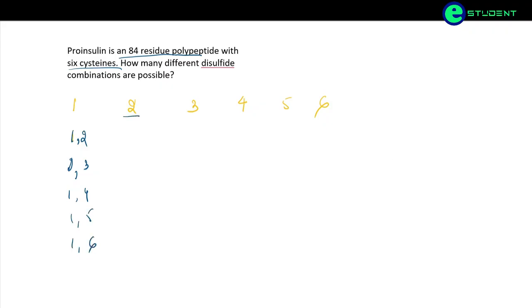Then 2 can bond with 3, 4, 5, 6. 3 can bond with 4, 5, 6. 4 can bond with 5, 6, and 5 can bond with 6.